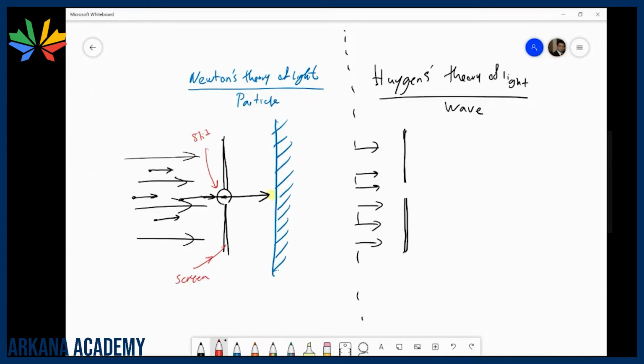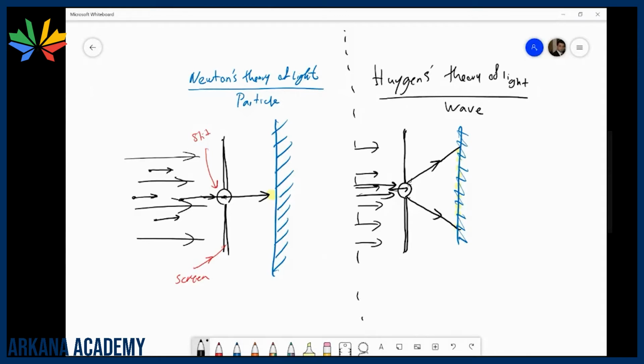And if light travels in a waveform, as Huygens explained, then after some of the light waves pass through the opening, they would not go through one single straight line, and they would expand in both directions. So if you place a screen here, you would see the light expanded into a wider range, even though you're making only one small opening.